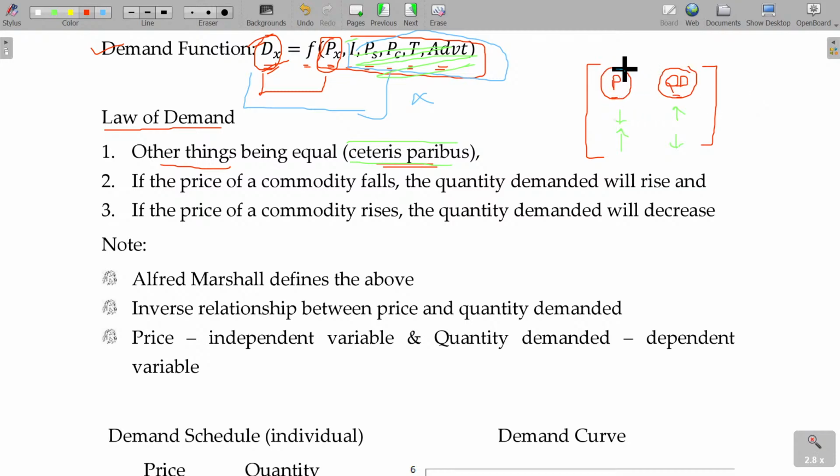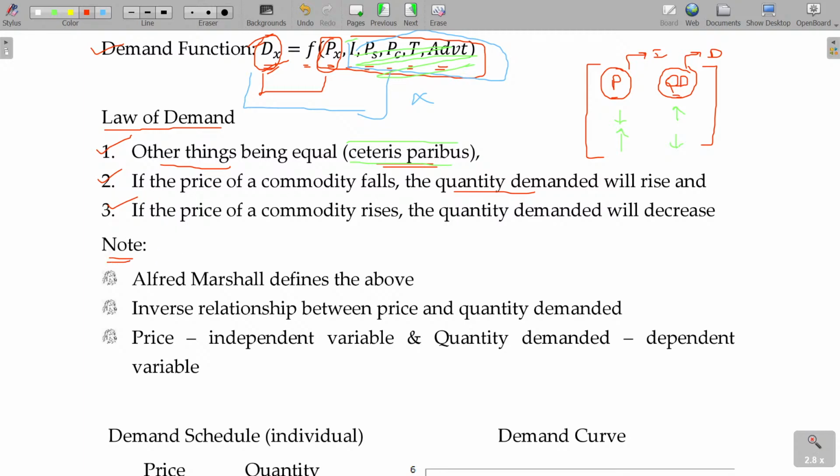Between these two, which is the independent factor and which is the dependent factor? Price is the independent factor and quantity demanded is the dependent factor. The other way is not true. So in the law of demand, these three points are to be kept in your mind: other things being equal, number one. Second point, if the price of the commodity falls, the quantity demanded will rise, and if the price of the commodity rises, the quantity demanded will decrease.